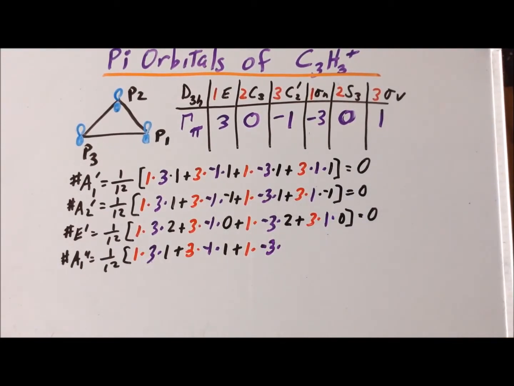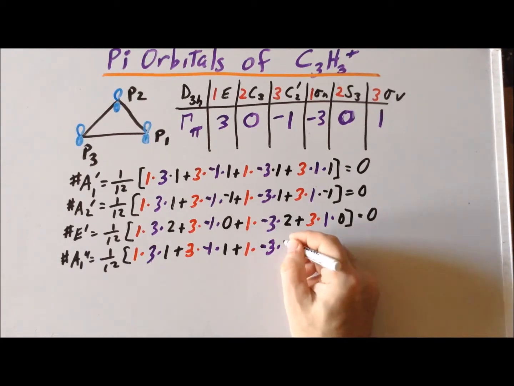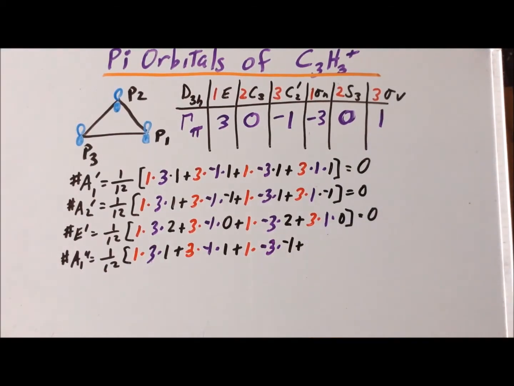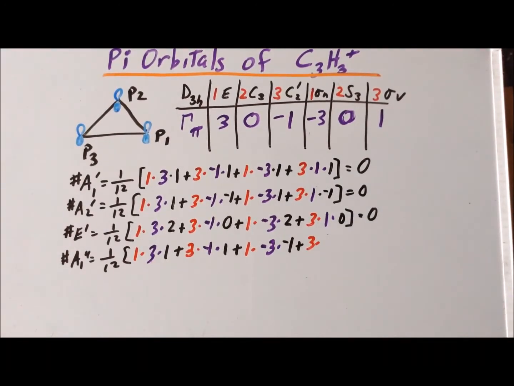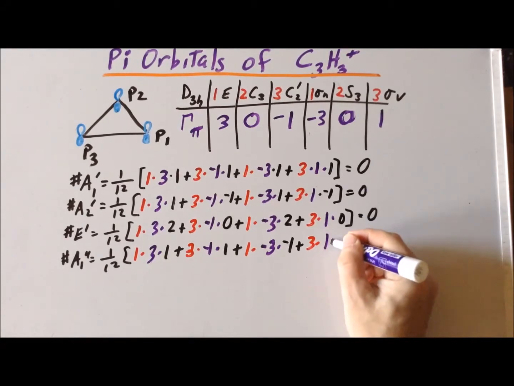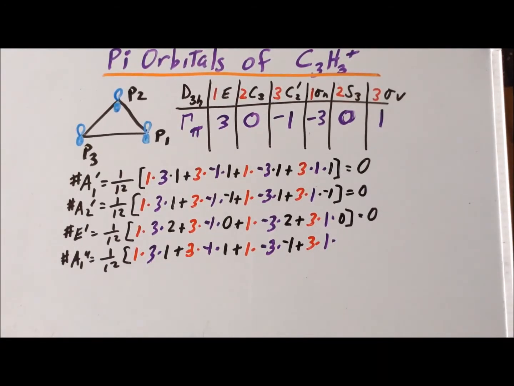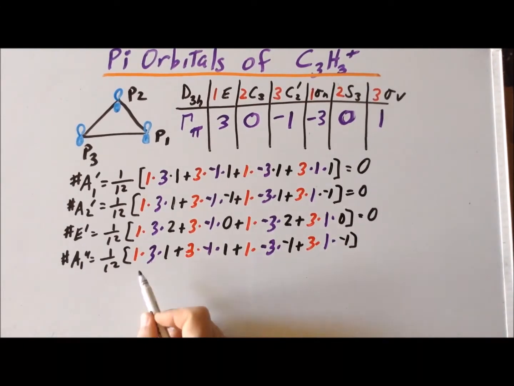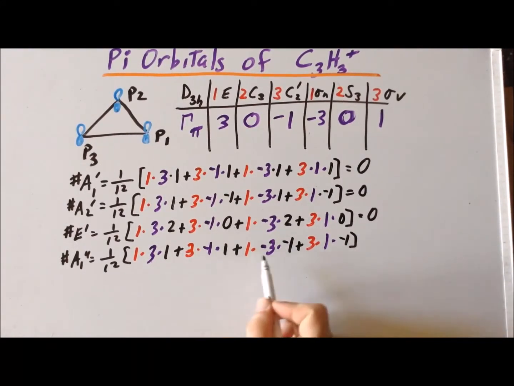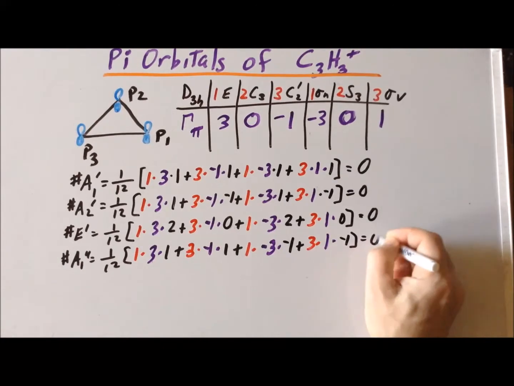Then the character is a -1. Again, the character is a -1. So we have 3, -3, +3, -3. So again, we have 0 of these.